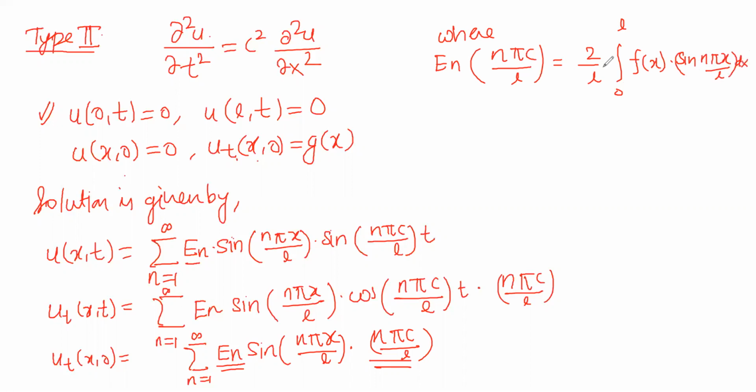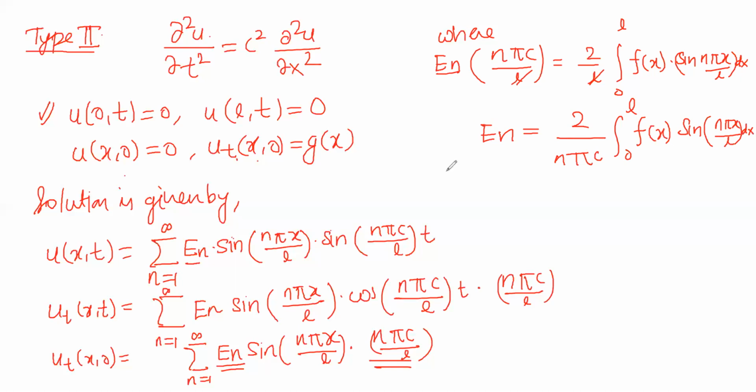Now I can just cancel out this L and I get En. That will be my final expression. So En will be equal to 2 upon n pi c times integral 0 to L f(x) into sin(n pi x upon L) dx. That's the expression for my En in this solution.